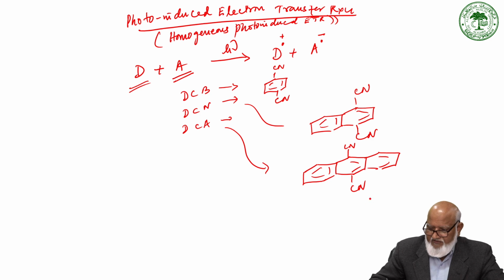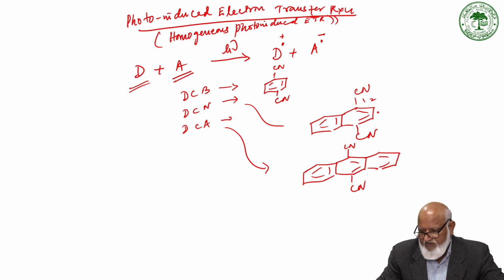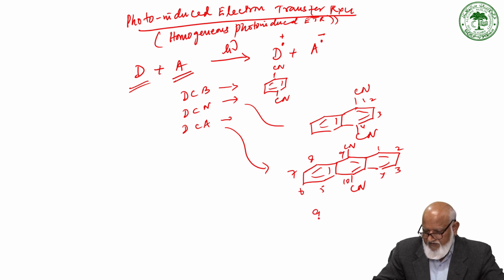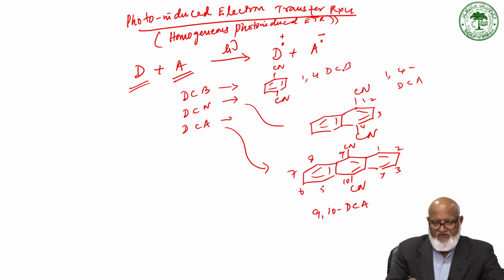So this is 9,10-dicyanoanthracene, and this is 1,4-dicyanobenzene. These are very good substances.